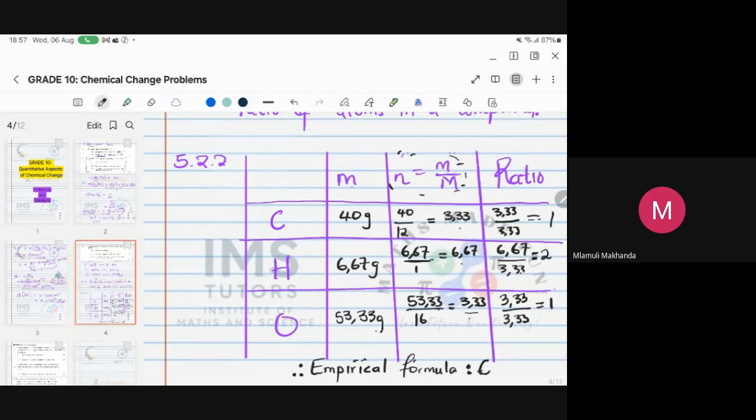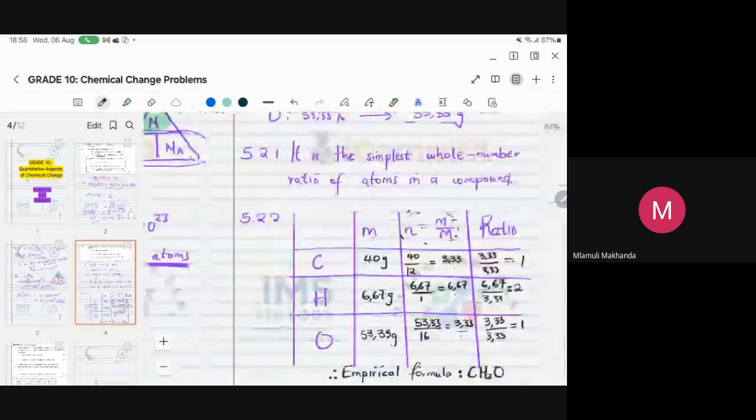Next to H we have a 2, so we have H2. And next to O we have a 1, so we have O. That's the empirical formula in this case.